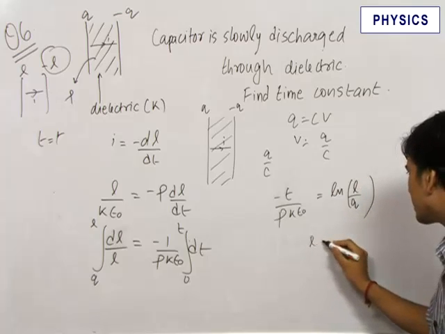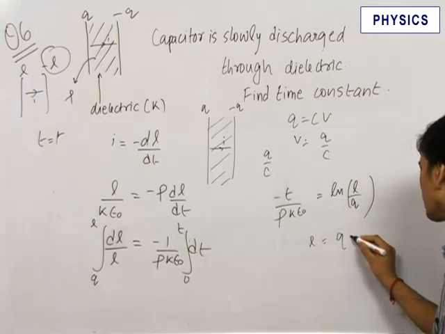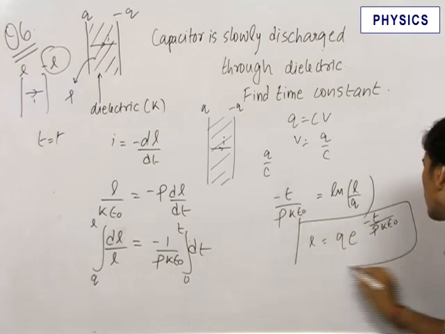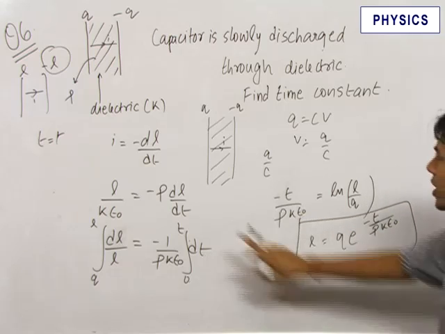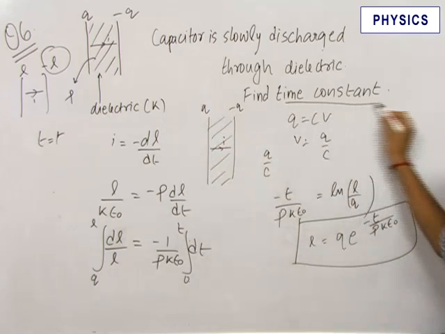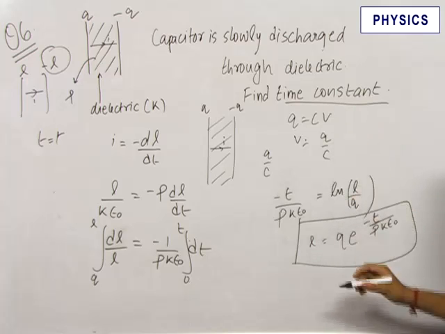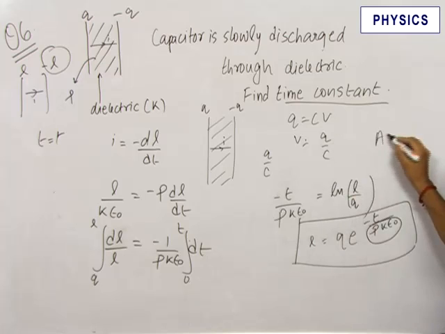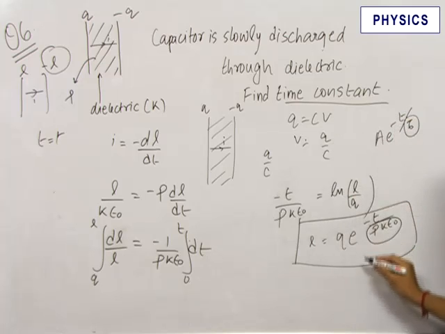Therefore we get L is equal to Q times e raised to the minus t upon rho K epsilon 0. So we get the charge on the capacitor after time t as a function of t. Now we need to find out the time constant. We know that time constant is the term which comes below t in the equation, A e raised to minus t upon tau. Therefore tau is equal to rho K epsilon 0.